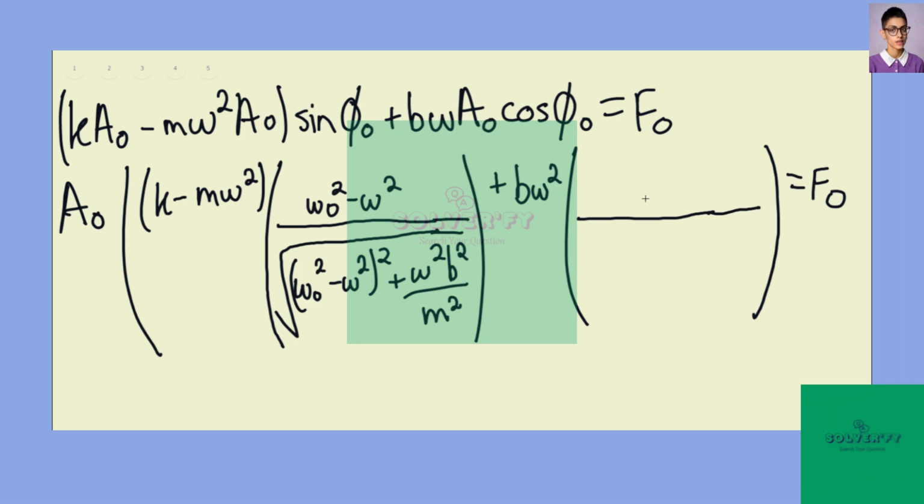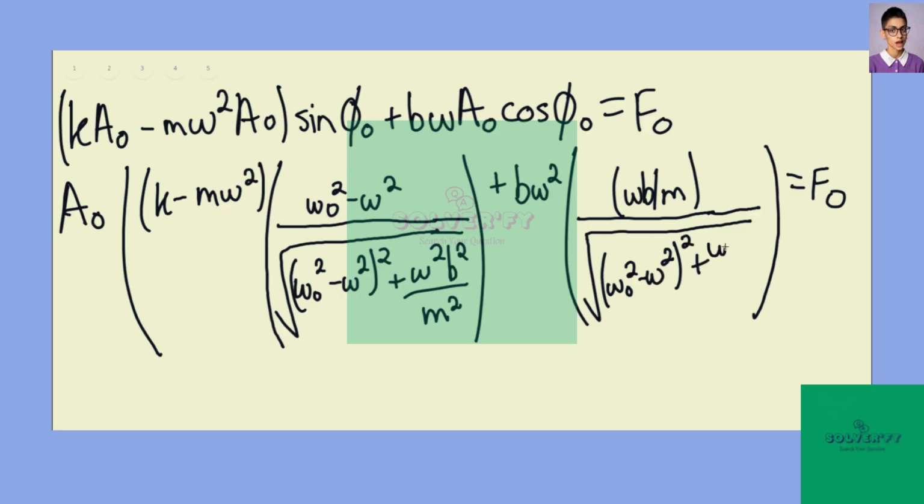And inside here we would have omega b over m. And then for the denominator, it'll be again the square root of omega naught squared minus omega squared plus omega squared b squared over m squared.